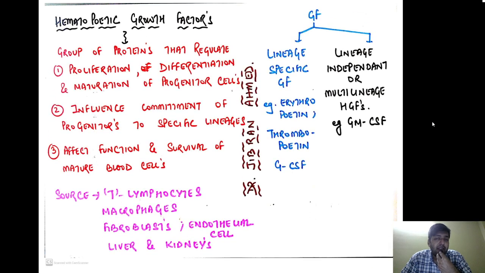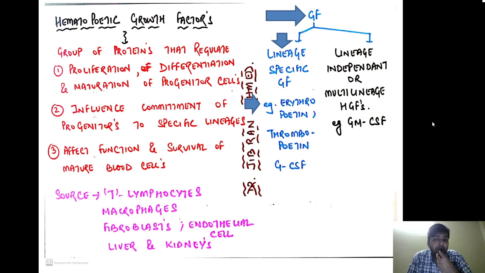Okay, now growth factors can be divided into two types. One is the lineage specific growth factor, that is a growth factor that promotes the growth of a single type of cell. For example, erythropoietin is going to stimulate the growth of RBCs only. Thrombopoietin is going to increase the growth of platelets only.